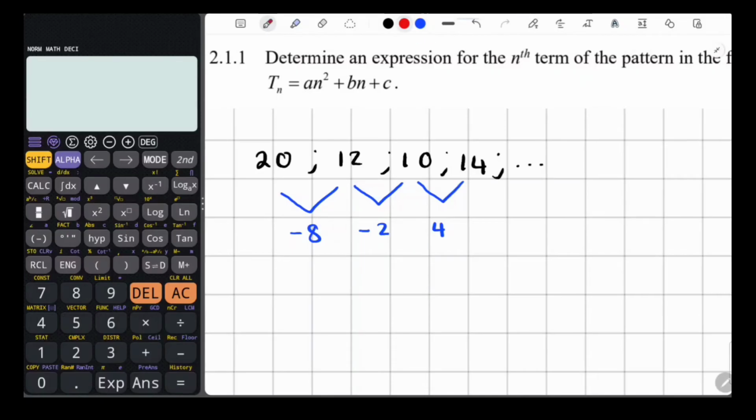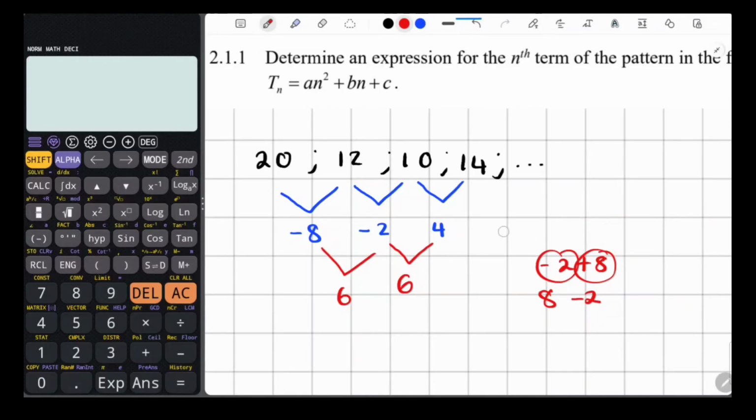Then we have to find the second difference, and we'll just say 4 minus negative 2. So it's like saying 4 minus negative 2, so that will become a plus. So it's 4 plus 2, which is 6. And then negative 2 minus negative 8. It's like saying negative 2 plus 8. And you can rewrite this as 8 minus 2, which is 6.